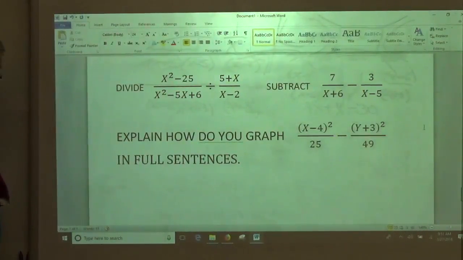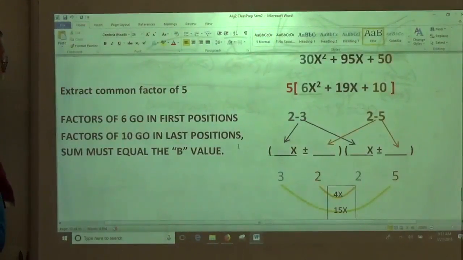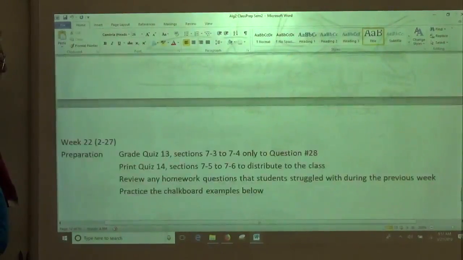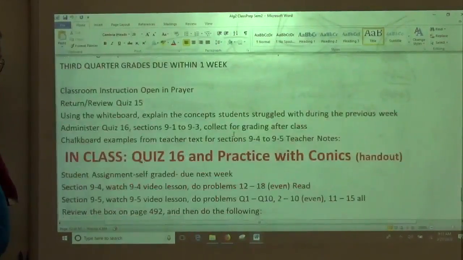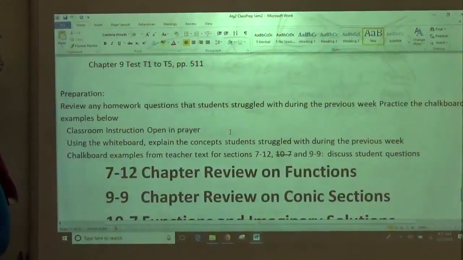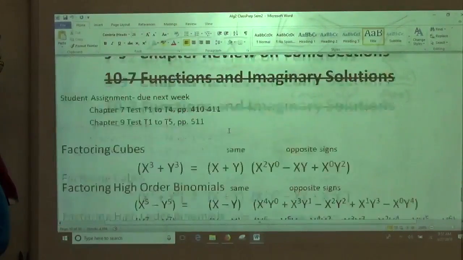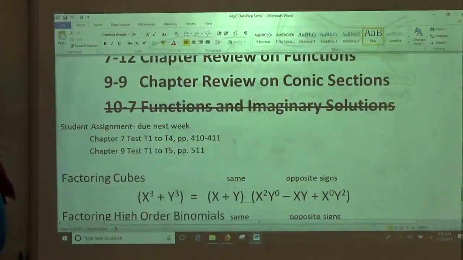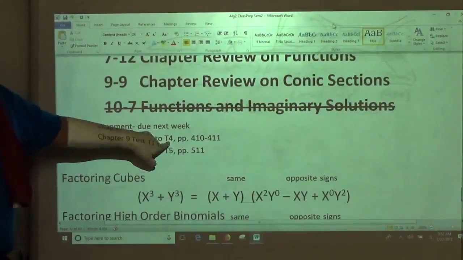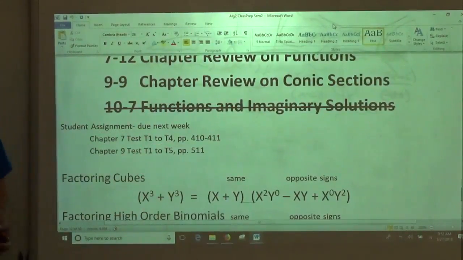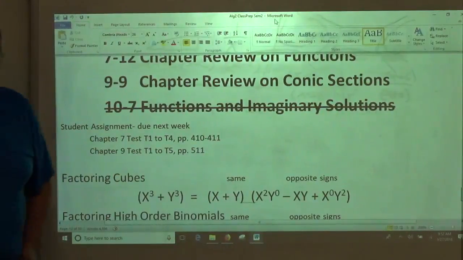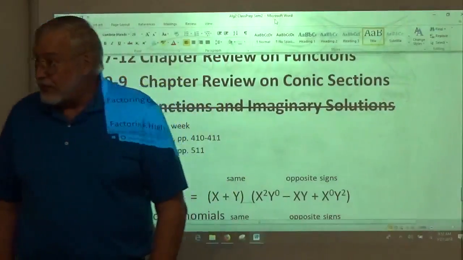Let me go back to the directions. All right, this says 1 to 4. I want you to do 1 to 6, because problem 5 and problem 6 are the Algebra II factoring problems.